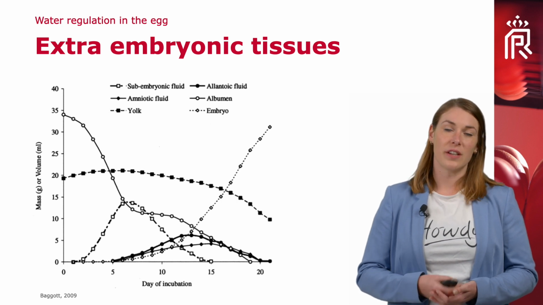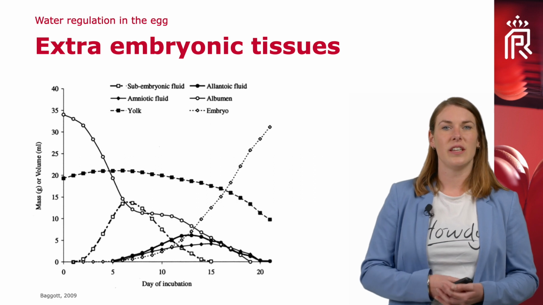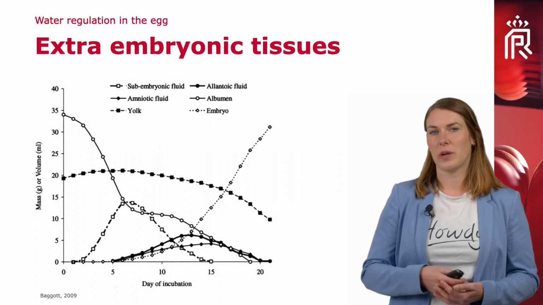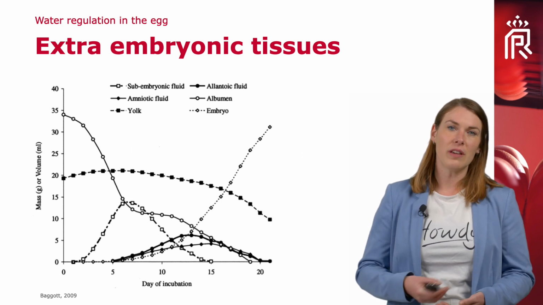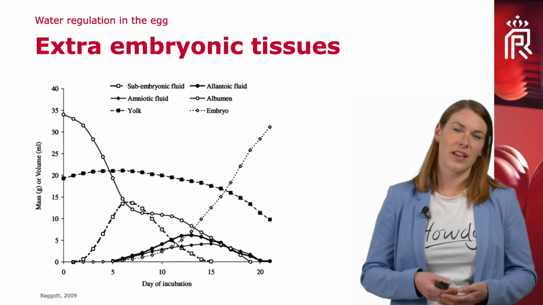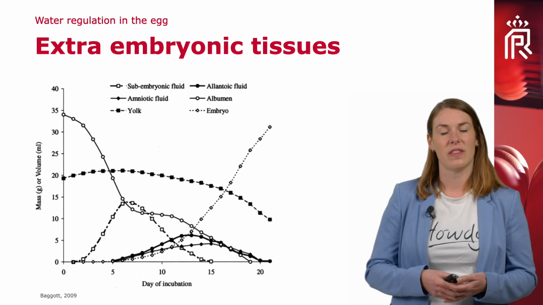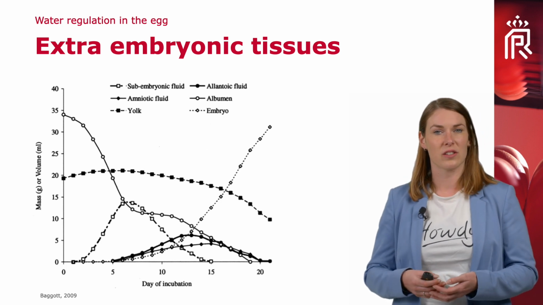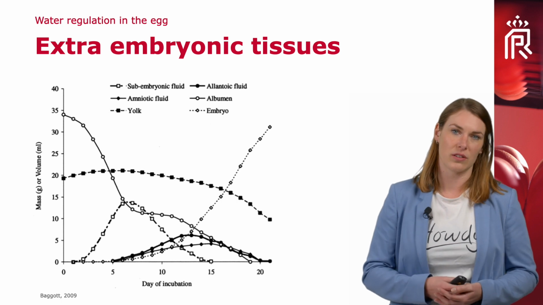So there's a nice experiment done by Davis in 1988, and he looked at the differences between a very high and a very low weight loss in eggs. What he found was that in low weight loss, the chickens didn't really change that much in their wet and their dry mass after hatch if we compared them to normal weight loss.